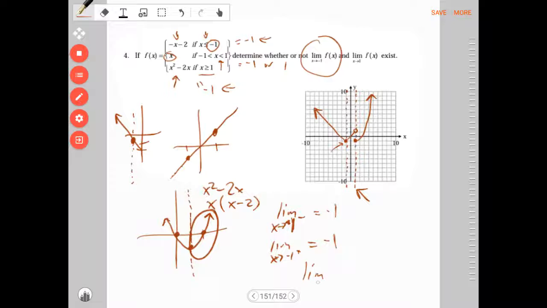So the limit as x approaches negative 1 equals negative 1. Awesome, and we can see that right from the graph. That's what y is approaching. You can also see from the graph that the limit as x approaches positive 1 isn't going to exist, because one side approaches positive 1 and the other side approaches negative 1, so the limit as x approaches positive 1 is undefined.